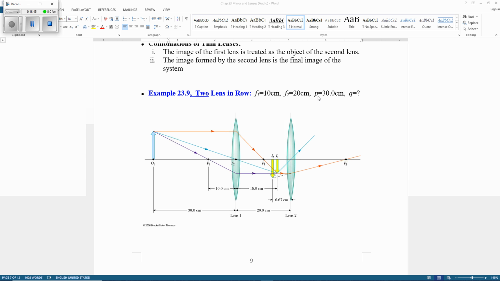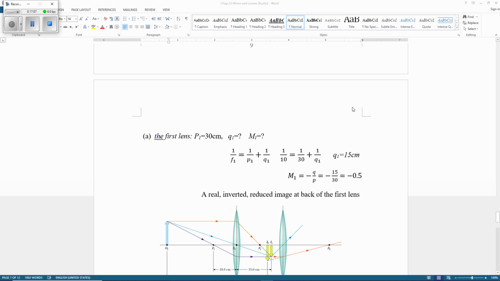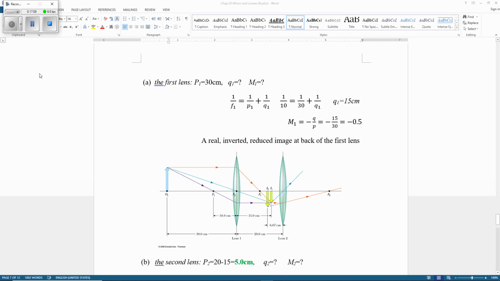This object is 30 centimeters from the first lens. And we want to find the final image. What's the final image distance? What's the magnification? We're going to study that.